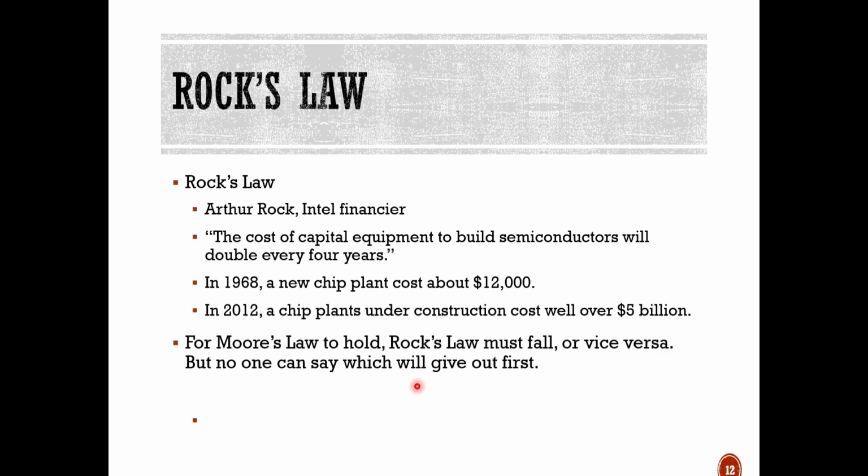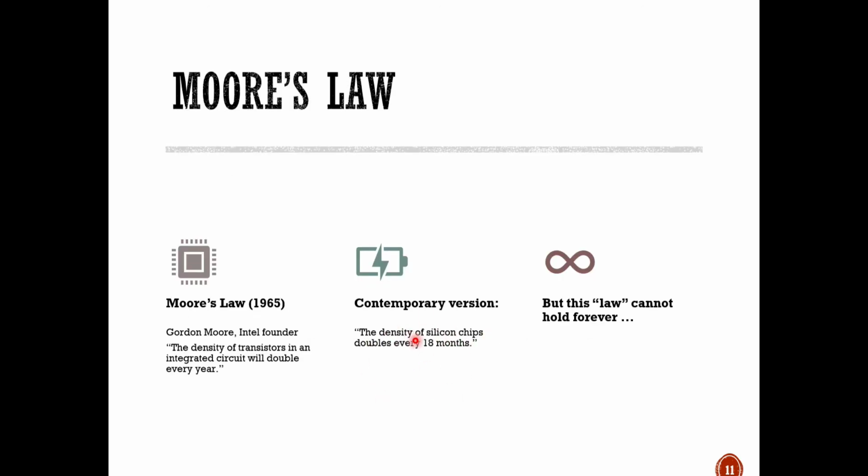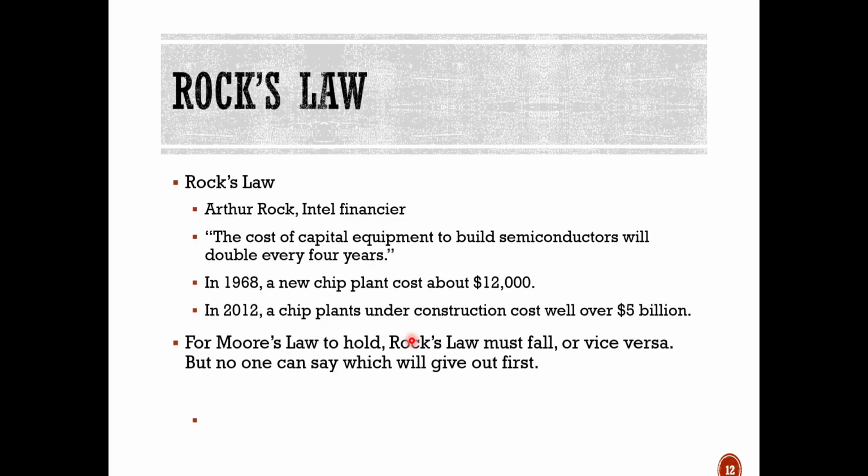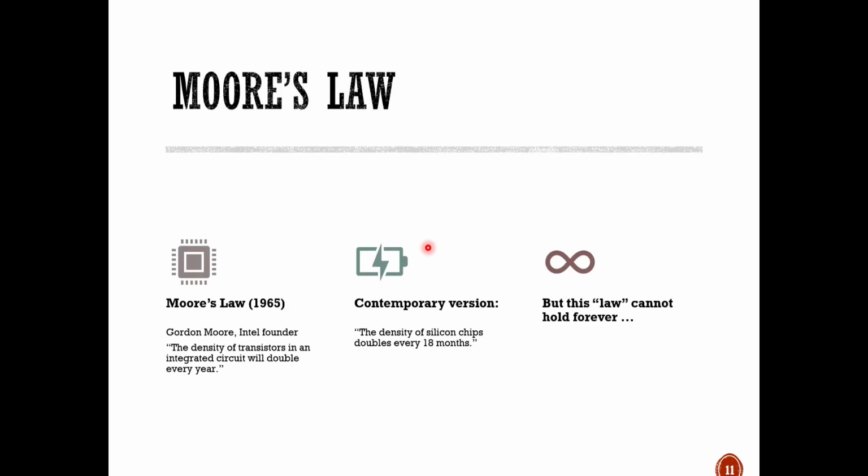What it's saying is if the density of silicon chips doubles every 18 months, but the cost of capital equipment to build these silicon chips doubles every 4 years, at some point the cost will be way too expensive for us to keep doubling the chips in our computers, because costs would skyrocket, and as consumers we would see no reason to buy this computer for it to be only a little bit faster for so much extra money.